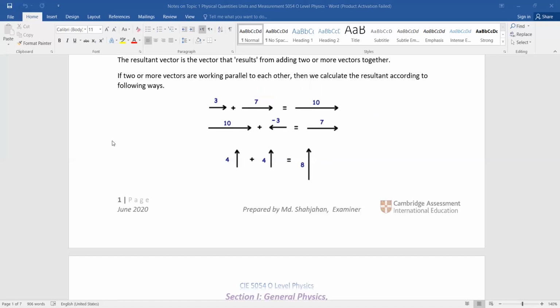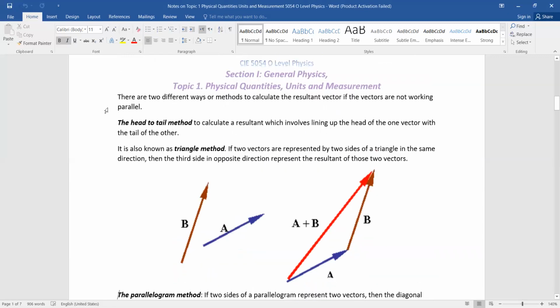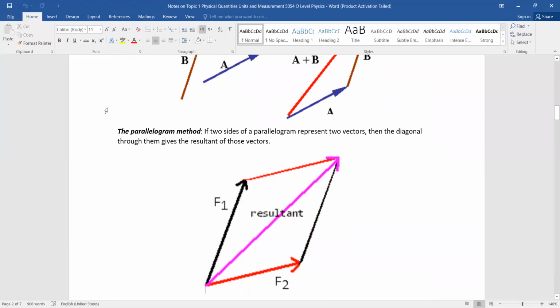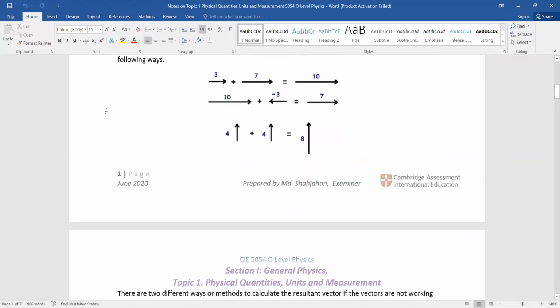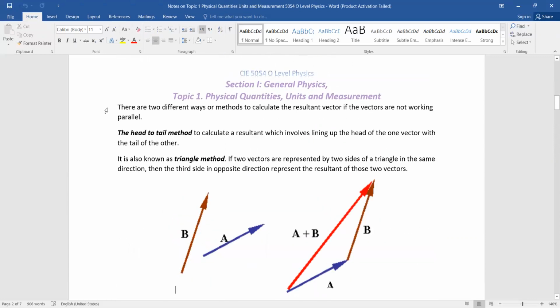So let us see them. Here, what you said, the graphical method, is not only the parallelogram rule; we have two rules here.